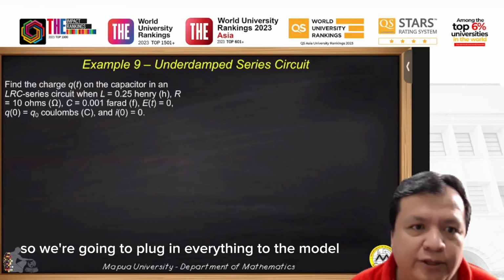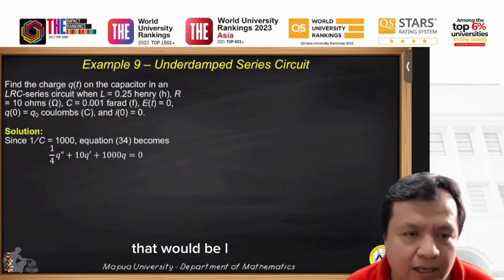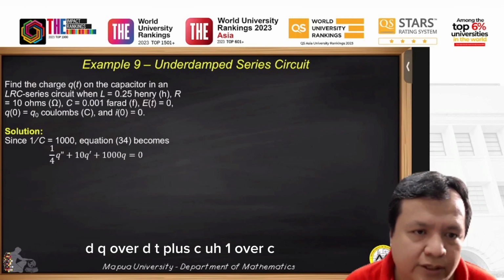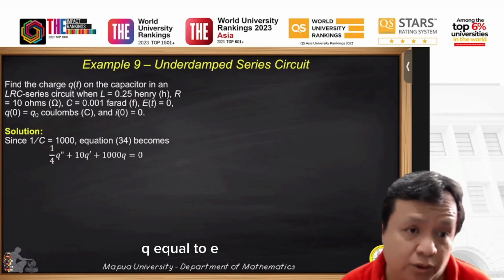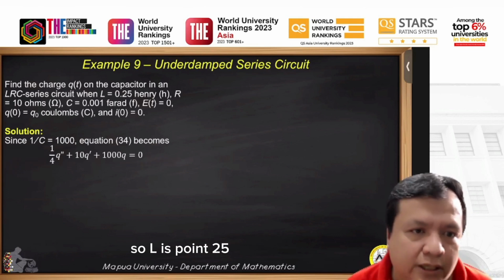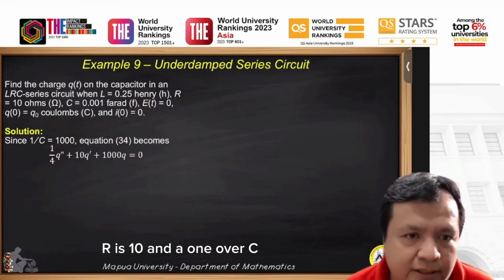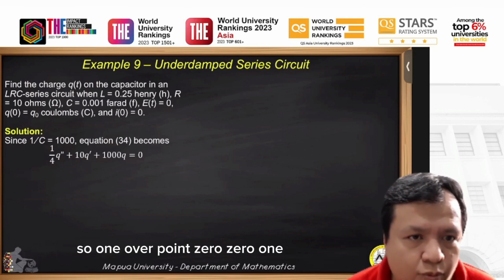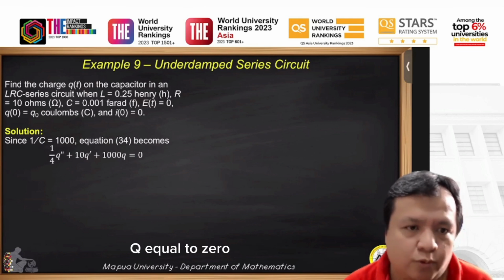We plug everything into the model: L d squared q over dt squared plus R dq over dt plus 1 over C q equals E. L is 0.25, which is 1/4, R is 10, and 1 over C is 1 over 0.001, so that's 1000 q equal to 0.